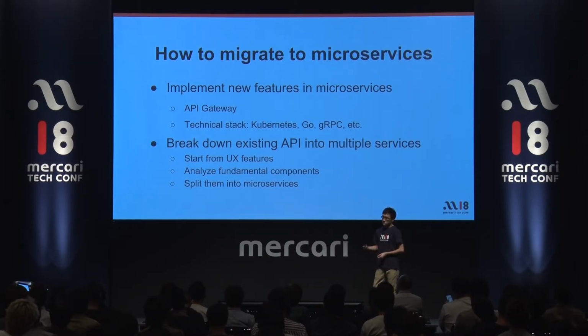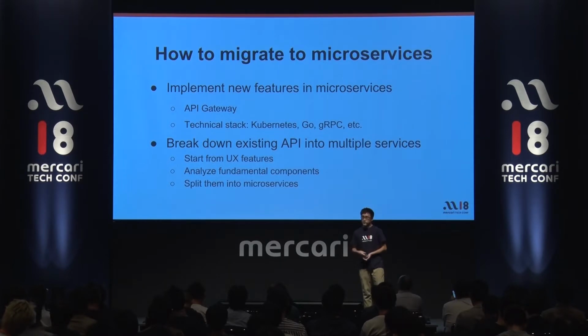For breaking down the existing API, we mainly talked about the process we went through. We start from the front-end features, analyze the fundamental components that power them, split them into services, and draw the relationships between different services.